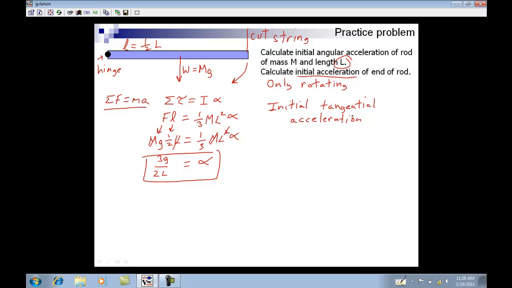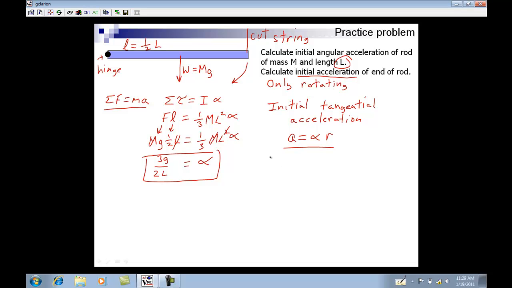Remember that the general equation for it is the tangential acceleration is equal to alpha times the radius r. Do you guys have that down on your sheet as your bridge? It connects the rotational world with the linear world.